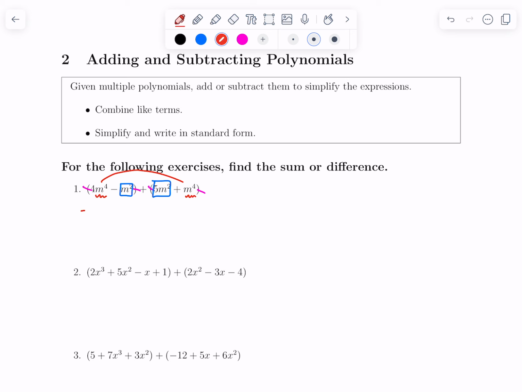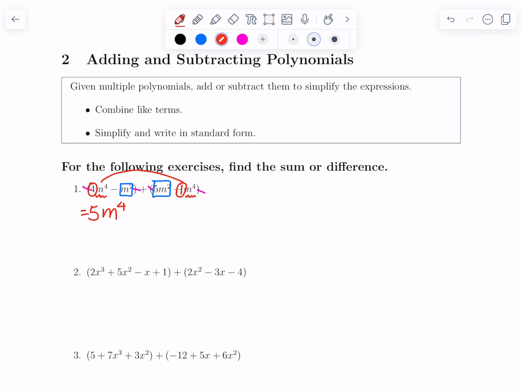So in this case, we have 4m to the power of 4, and here is m to the power of 4, which means we have 1 m to the power of 4. So we are going to add the coefficients together: 1 plus 4, we got 5m to the power of 4.